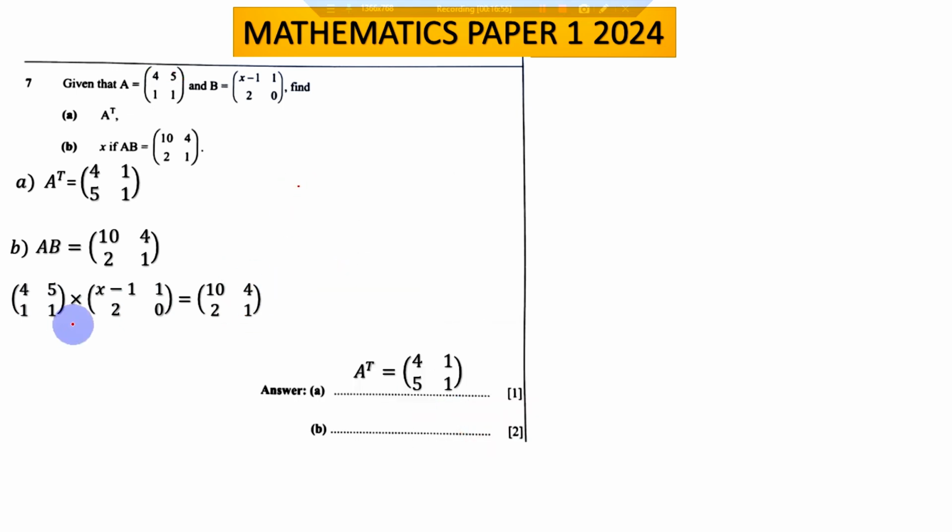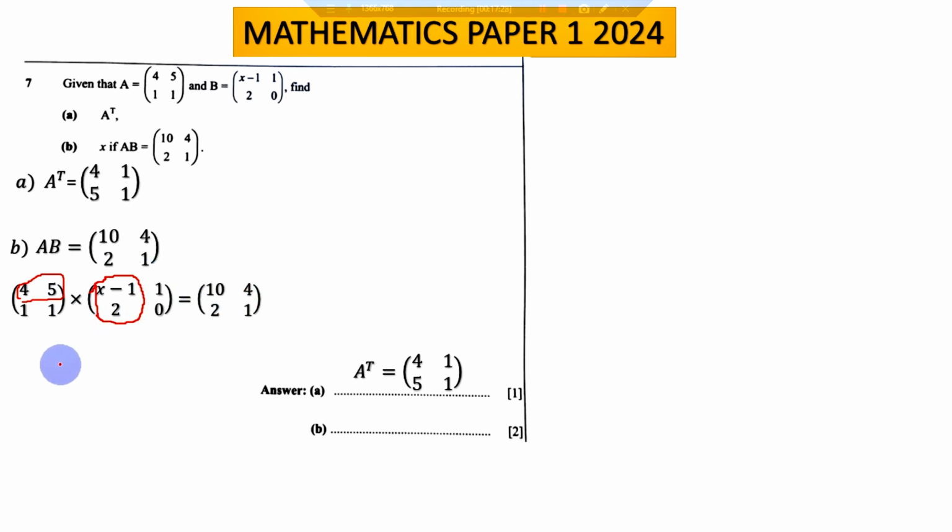From here, we're not going to multiply everything. We'll just check where our variable is. So our variable will actually be used once I multiply my first row, since we are multiplying row by column, with the first column. So this row and this column. Then we equate it to the first element in this matrix here. They will correspond to the first element there.